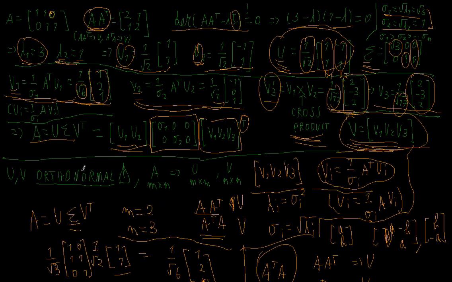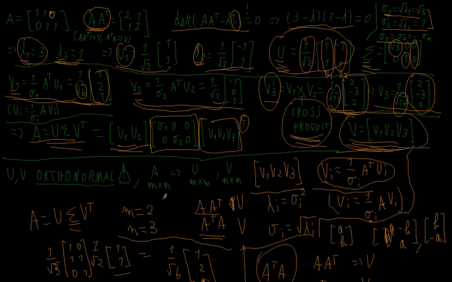So we found the values, and then you have our singular value decomposition. Also remember that the singular values in the matrix sigma are ranked from the biggest to the lowest one. And you fill in the remaining columns or rows, if you don't have a square matrix, with zeros. And remember, U and V are orthonormal, so the vectors inside are of length 1 and they are orthogonal to each other. That's why we needed to take the cross product here.